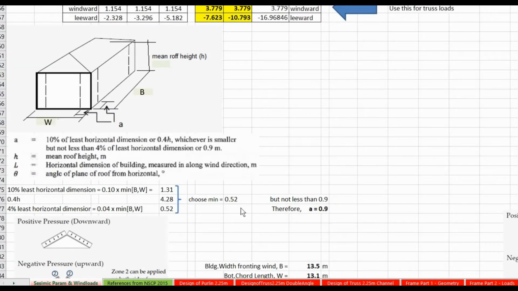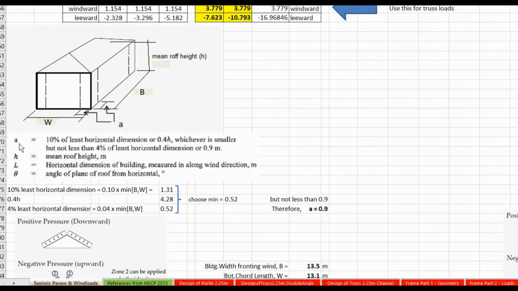Now let's continue. So still on purlins and trusses, but this time we will be computing the superimposed dead loads and live loads. So again, meron tayong W tsaka B. Okay, so kunin muna natin itong mga values na ito.